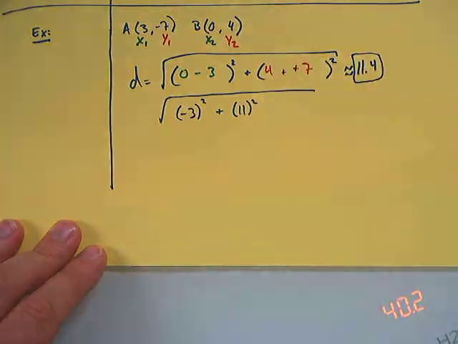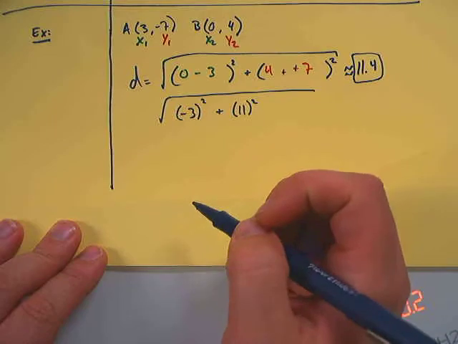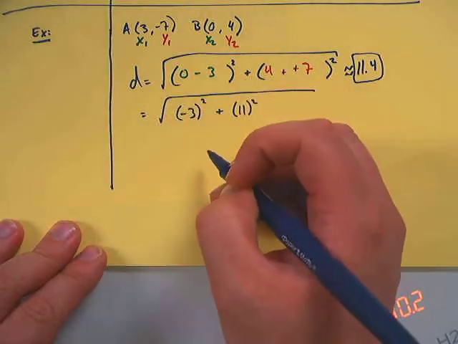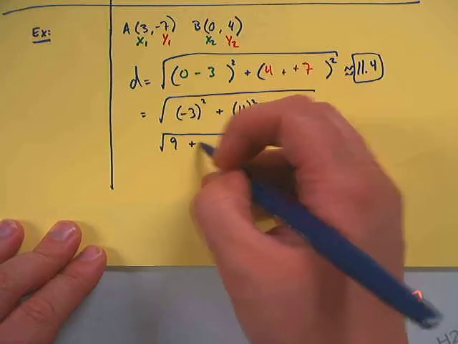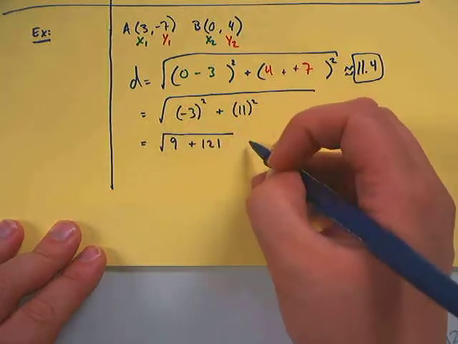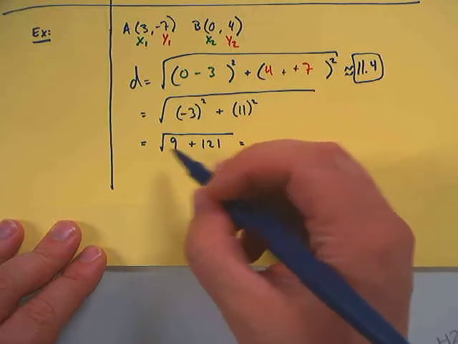So we're going to go 0 minus 3. If we were simplifying by hand, that would be -3 squared. 4 minus -7 is like adding a positive. So that would give us 11 squared.